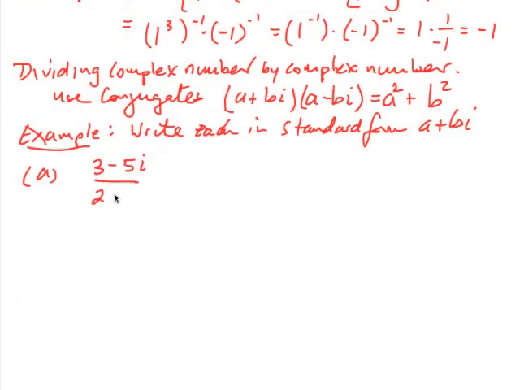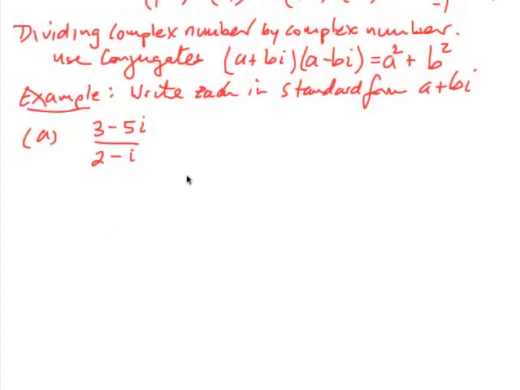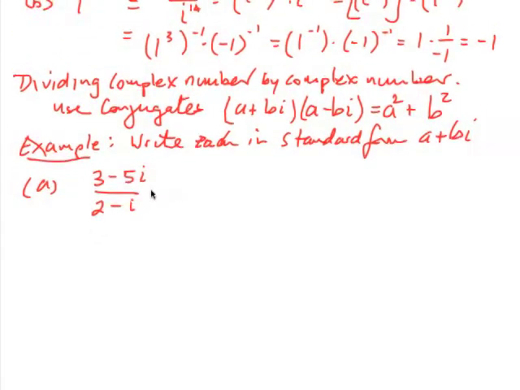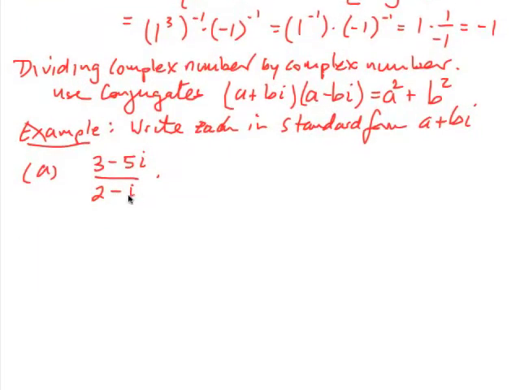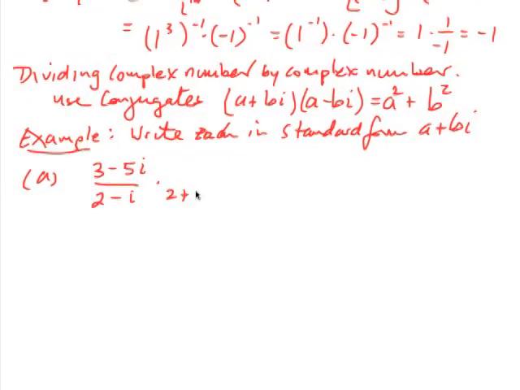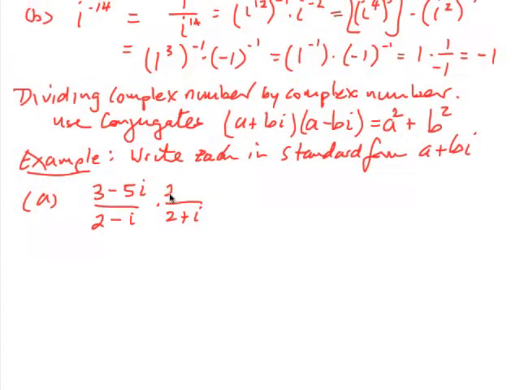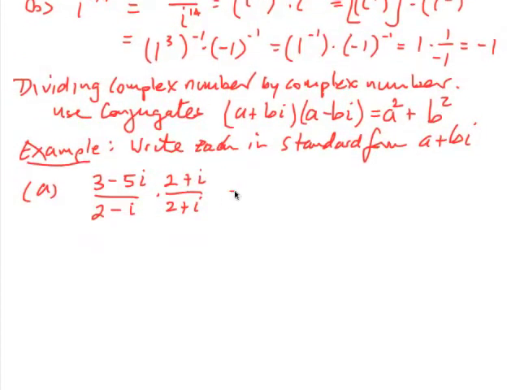over 2 minus i. So now what we do is we multiply by the conjugate of the denominator. That would be 2 plus i, and we do 2 plus i on the top as well.